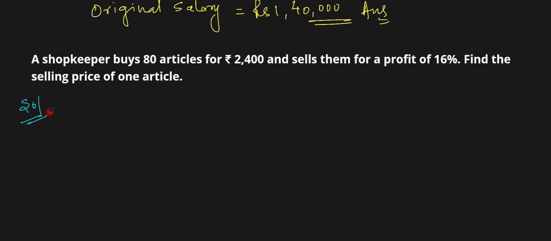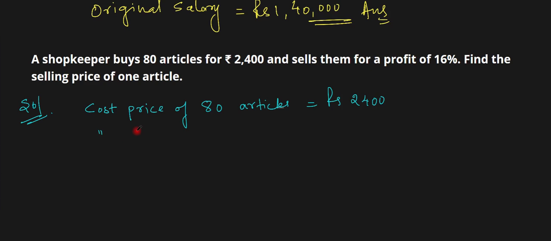A shopkeeper buys 80 articles for rupees 2,400. That means the cost price of 80 articles is rupees 2,400.